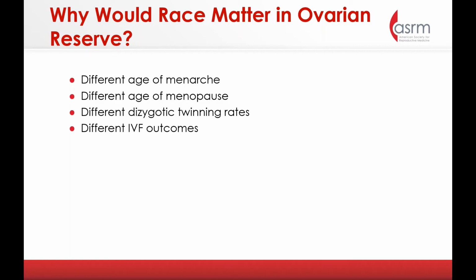While the median age of menarche is about 12.4 years, we know that the age at menarche for non-Hispanic Black girls is significantly earlier than that of white girls at the 10th, 25th, and 50th percentile of those who have spontaneous menarche.